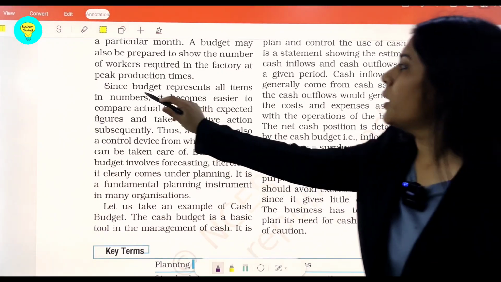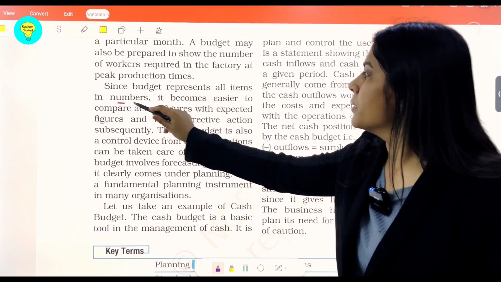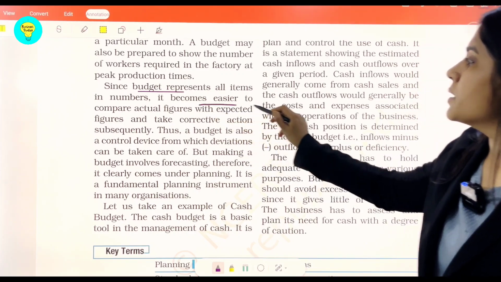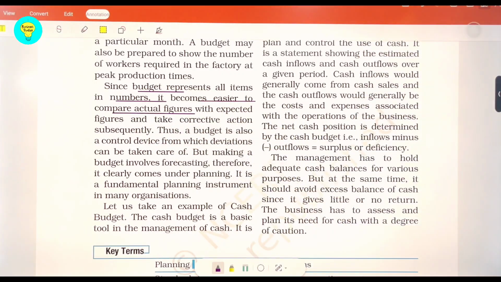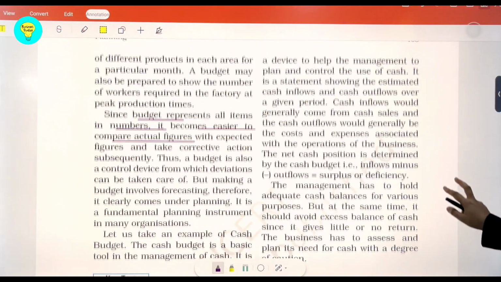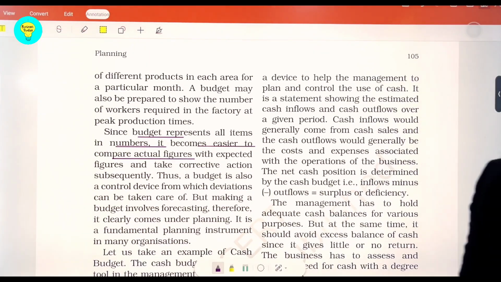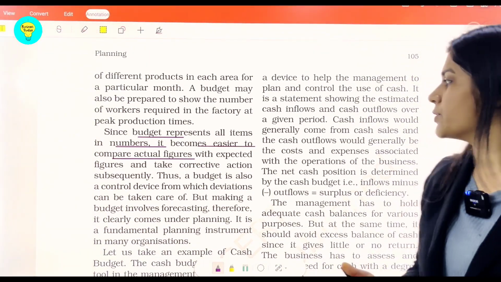Budget represents all items in numbers that becomes easier to compare actual versus expected performance, and it is a fundamental part of planning. There are different kinds of budgets that are formed, like a few days back we got the union budget, the railway budget.